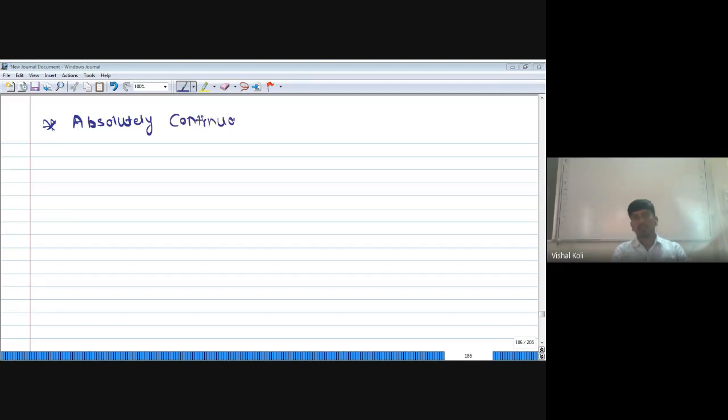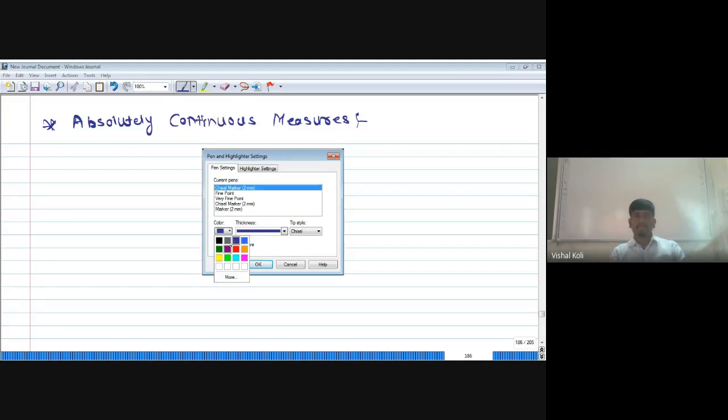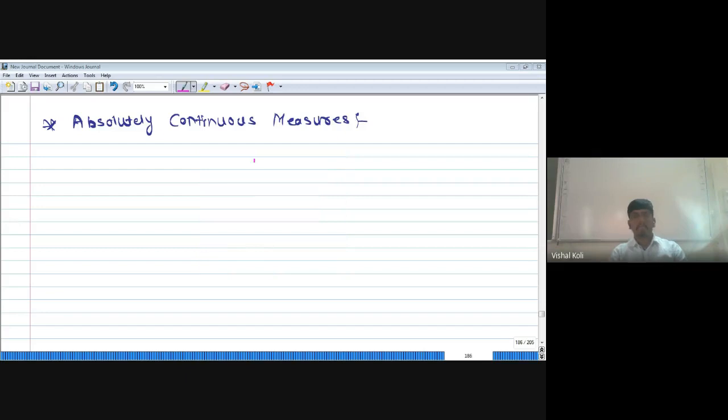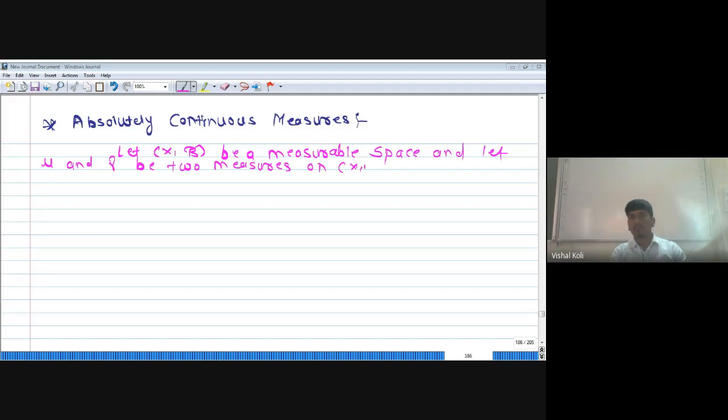Let (X, B) be a measurable space and let mu and gamma be two measures on the measurable space (X, B).